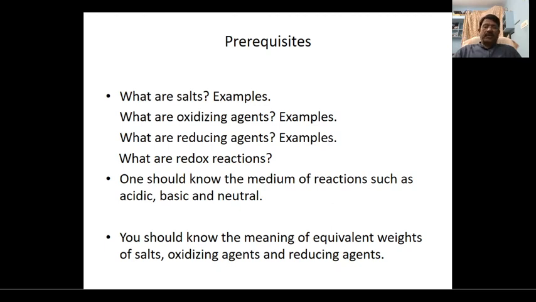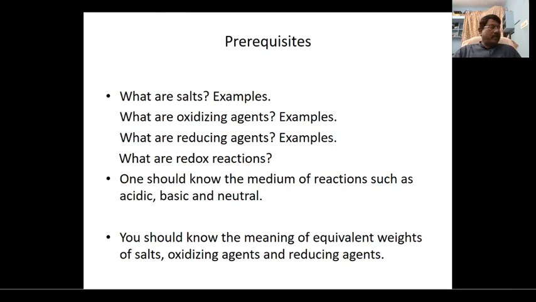What are redox reactions? Reactions in which oxidation and reduction take place simultaneously. The best example of redox reaction is KMnO4 reacting with sodium oxalate in presence of sulfuric acid at 80 to 90 degrees centigrade. We will get carbon dioxide and water as the products. And also one should know the medium of reactions such as acidic, basic, neutral.